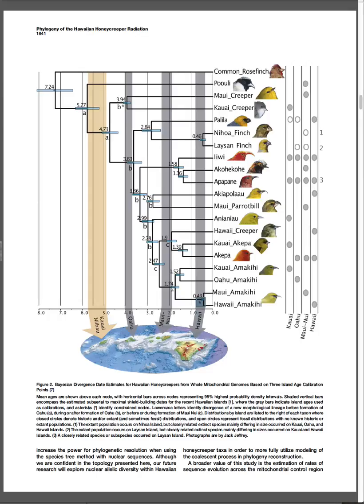But the other thing that I want you to look at is I also have letters on here, A and B and C. Each of those identifies a major morphological type within the Hawaiian honeycreepers. So spend a little bit of time answering these types of questions. How many lineages, how many morphological types had evolved when Kauai was the only big island?